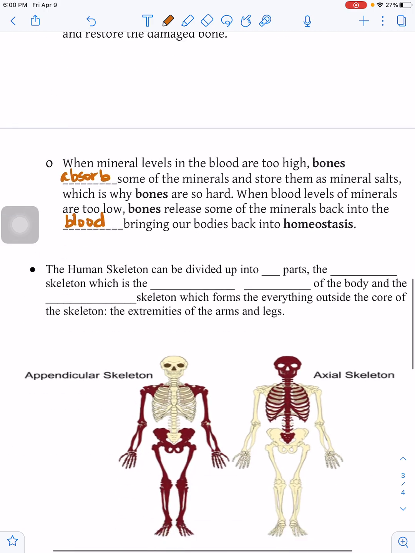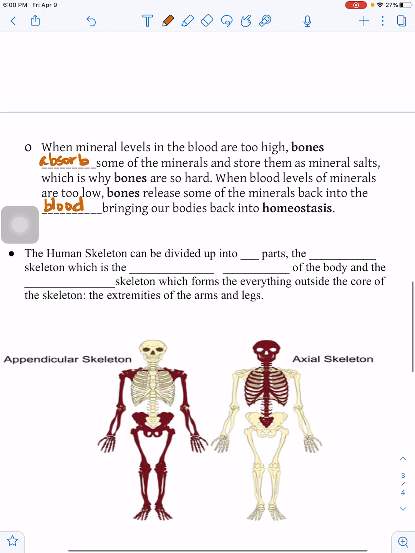Okay, one of the last things is knowing about the two types of parts of our skeletal system. We have the appendicular skeleton right here, what's in dark red, and the axial, which is in the dark red right here. So it can be divided, let's write this in our blanks. The human skeleton can be divided up into two parts.